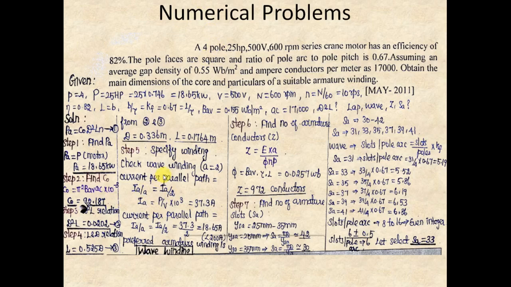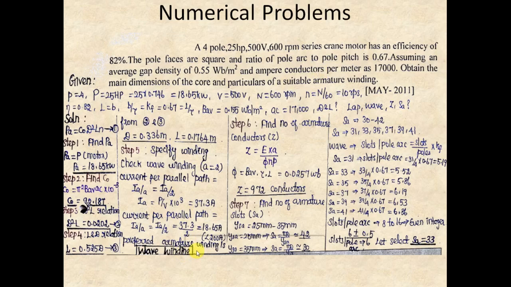While considering it as a wave winding, the current through the parallel path is 18.65 ampere, which is definitely less than 200 ampere. So we can fix that the winding we will be using for this armature will be wave winding.